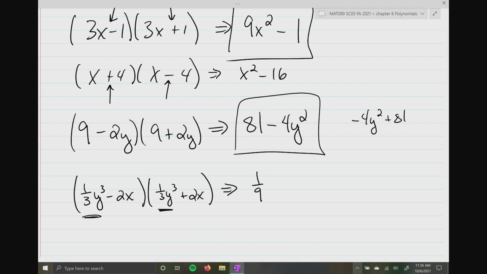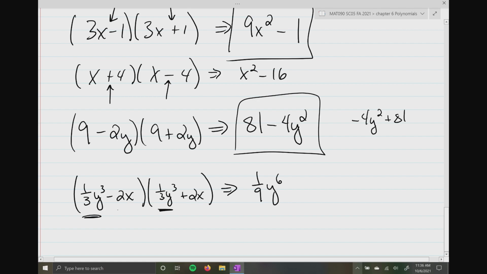Remember, bases are the same, so what do you do with the exponents when you're multiplying? Add them. Yep. So what's 3 plus 3? 6. Good. So the first term is 1/9 y to the 6th.